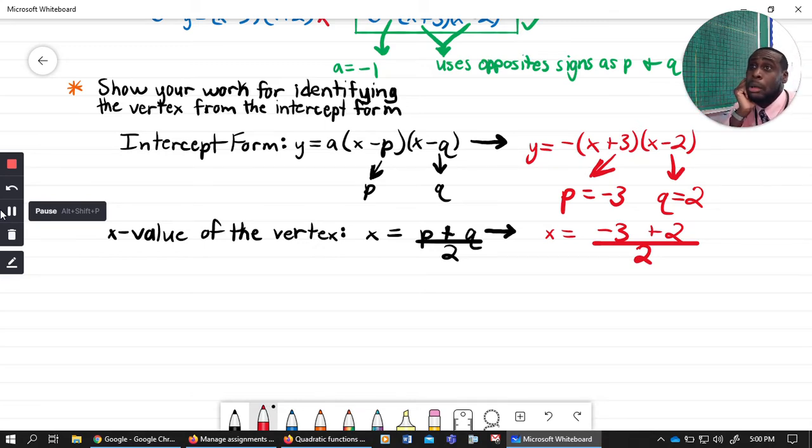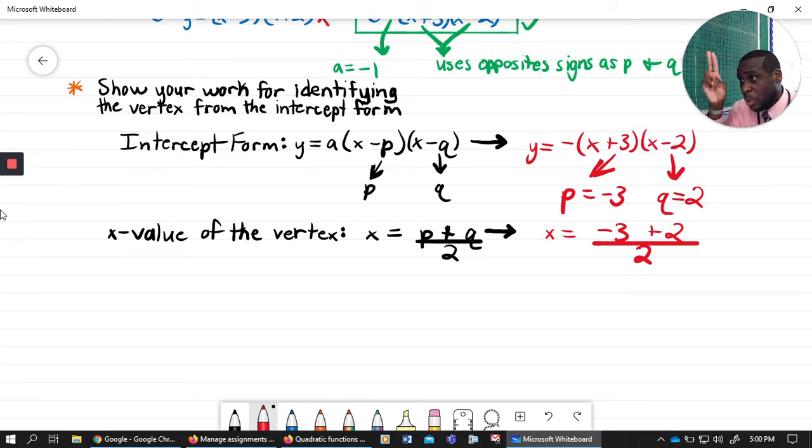If this is what you enter in, -3 plus 2 divided by 2, you're gonna be wrong.